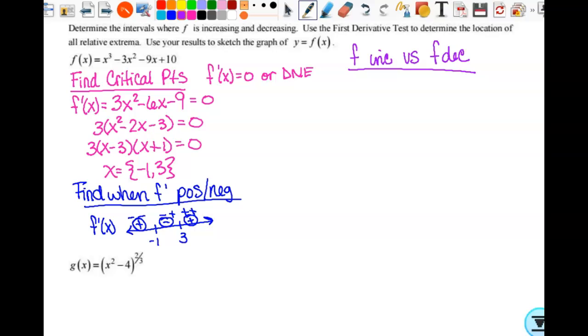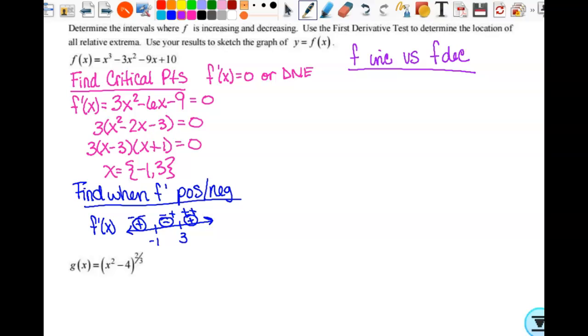When is f increasing, just in general, not specific to this question? How would I know f is increasing? When f prime is positive. Yeah, that's what I was trying to get at. So you were right.